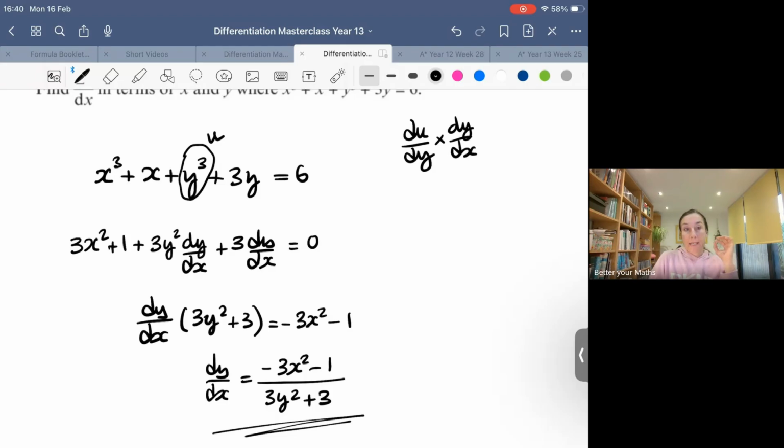And I'm going to do that every time that x and y are very difficult to separate. We cannot make x the subject or y the subject easily. So we derive each term. Every time I have x, normal. Every time I have y, I have to add, apart from the normal, the dy by dx. Then I make dy by dx the subject. Easy? Everyone?